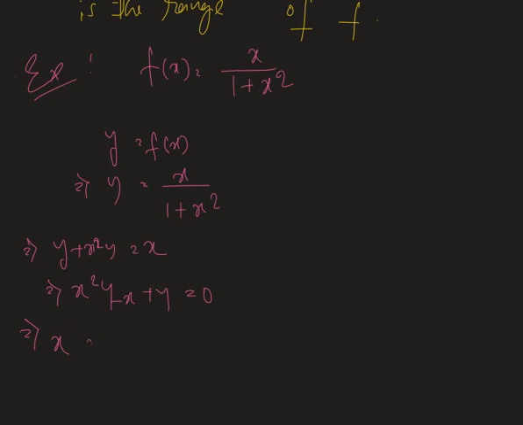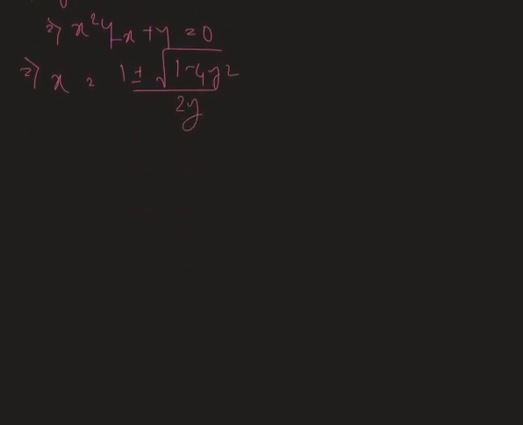Therefore, the value of x equals 1 plus or minus root over 1 minus 4y square, divided by 2y. For x to be real, we must have 1 minus 4y square greater than or equal to 0. This is the discriminant.